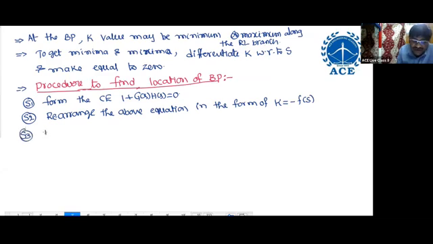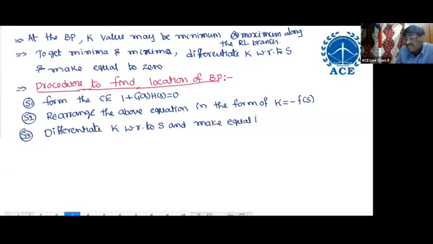Step 3: Differentiate K with respect to S and make it equal to 0.